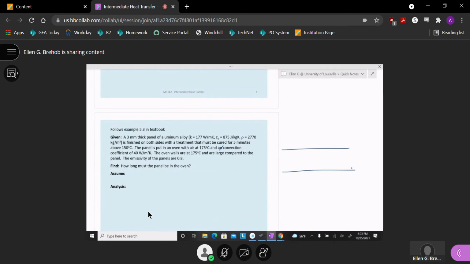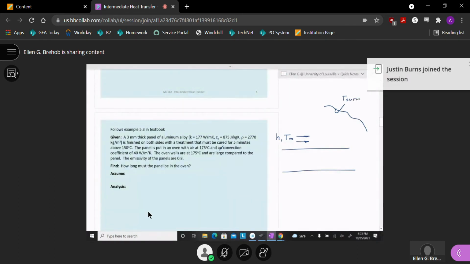I want to draw a picture real quick. So what do we have? Convection going on. They are pretty clear to tell us some things about the oven wall and the emissivity of the plate. So we should be thinking we cannot disregard the radiation.